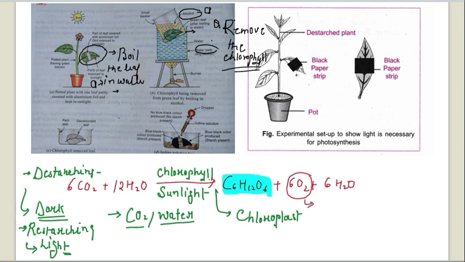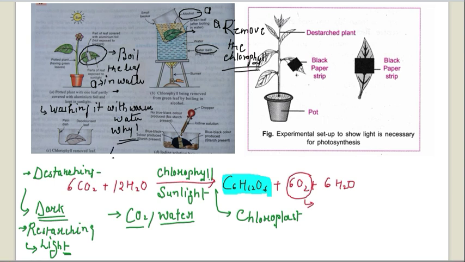Now after the boiling, we take the leaf and wash it with warm water. The next step is that we take the leaf and wash it with warm water. Why?